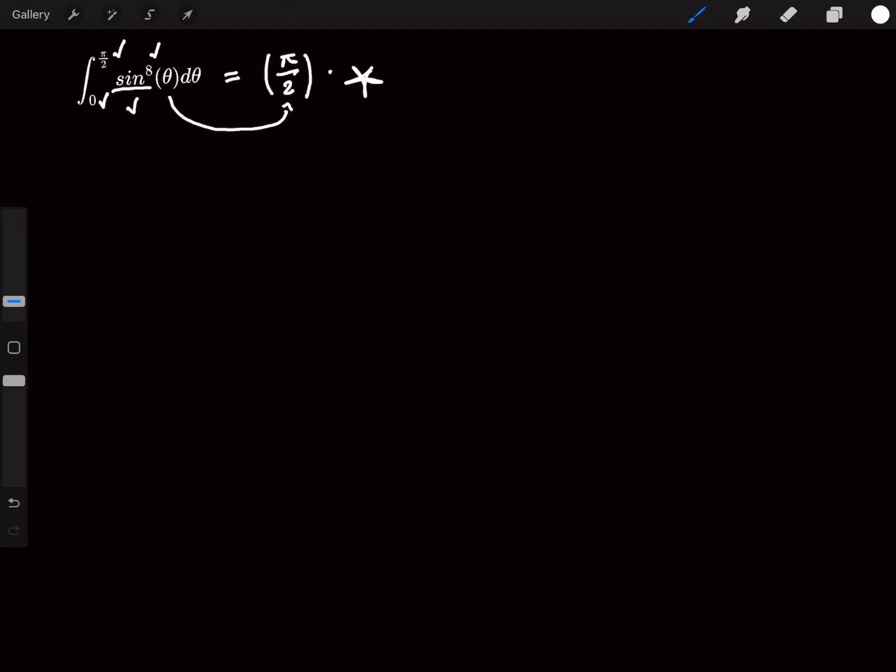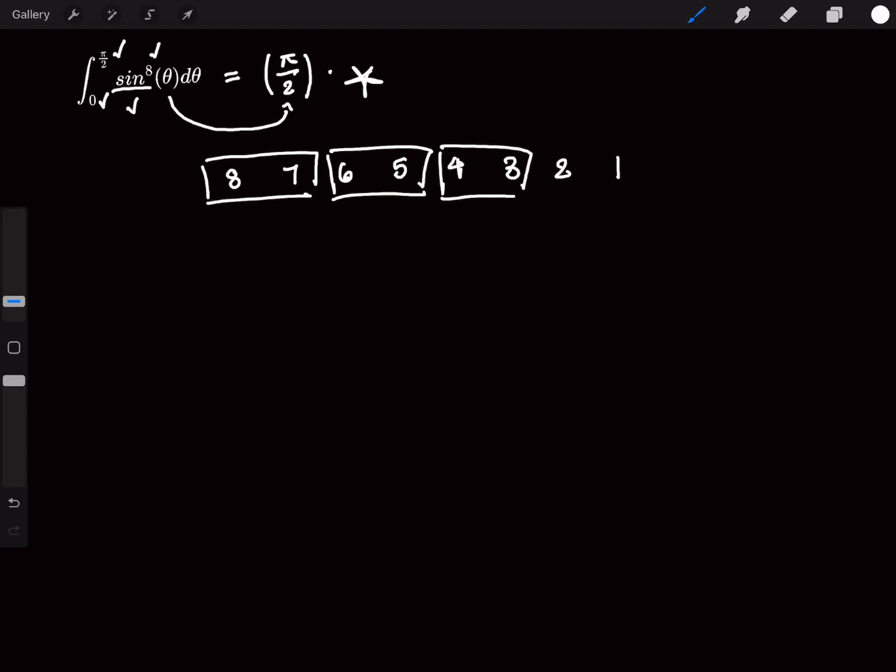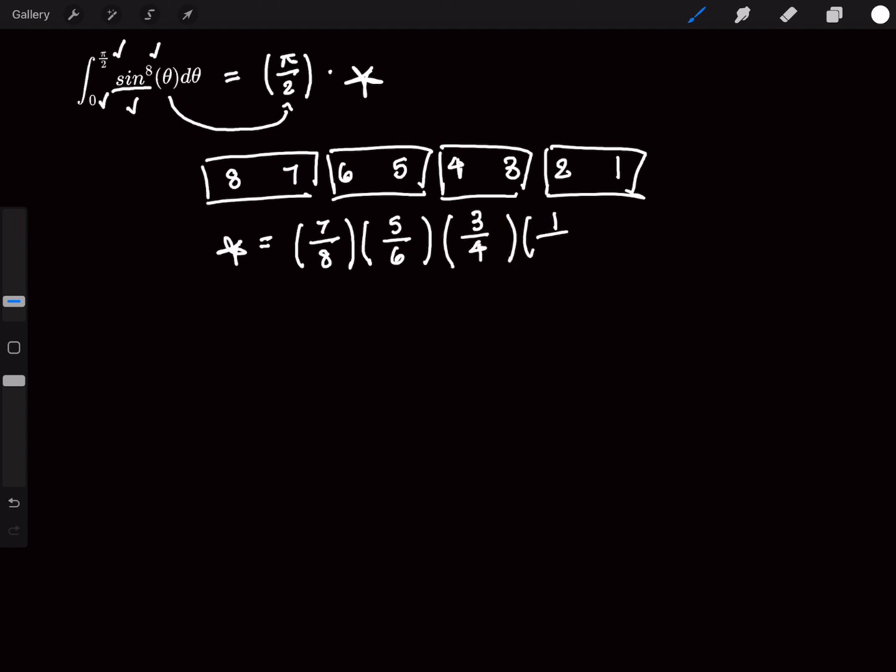And the numbers that we can choose for star go from n, the value, which is 8, down to 1. So 8, 7, 6, 5, 4, 3, 2, 1. We can pair the numbers up and find out that star is equal to, since the denominator is bigger, 7 over 8 times 5 over 6 times 3 over 4 times 1 over 2.